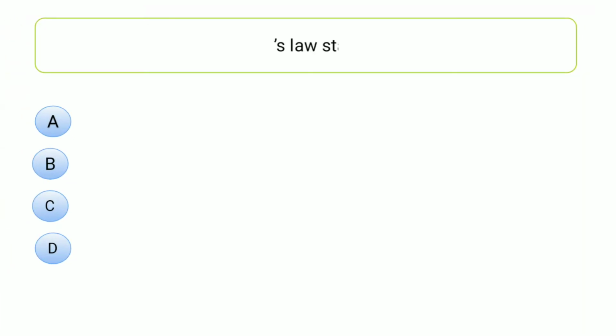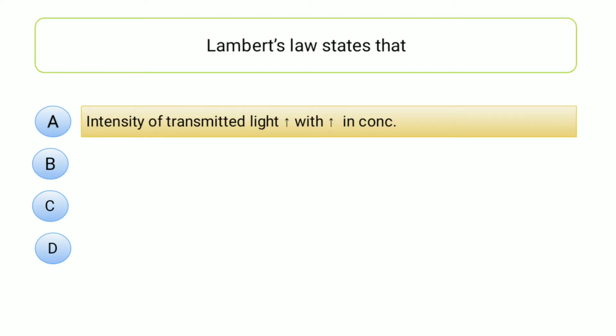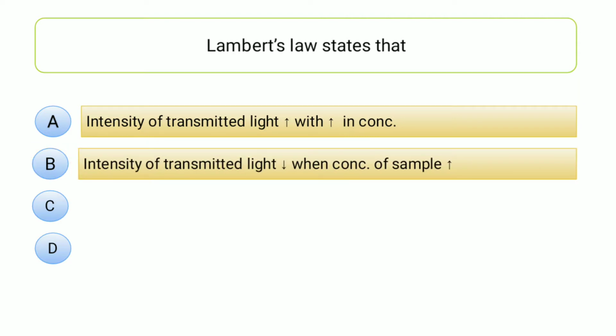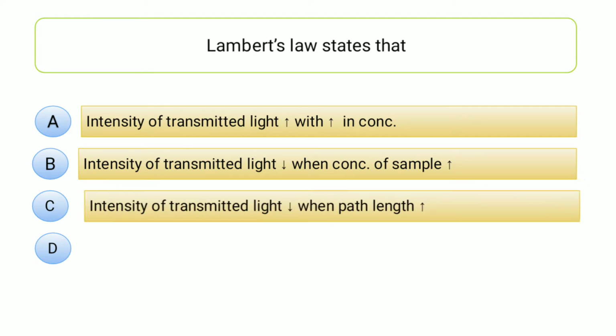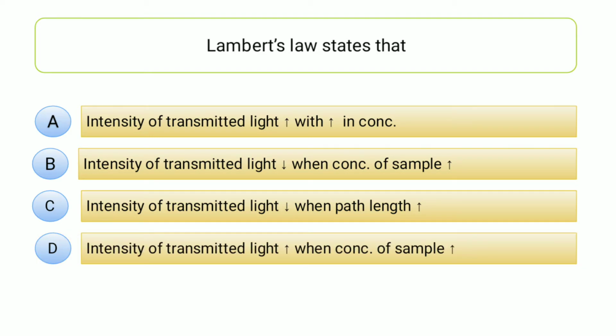The next question is, Lambert's law states that, and the statements are A. intensity of transmitted light increases with increase in concentration, statement B. intensity of transmitted light decreases when concentration of sample increases, option number C. intensity of transmitted light decreases when path length increases, and option number D, that is intensity of transmitted light increases when concentration of sample increases.